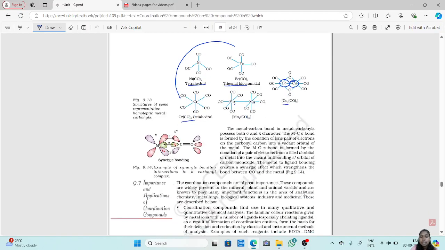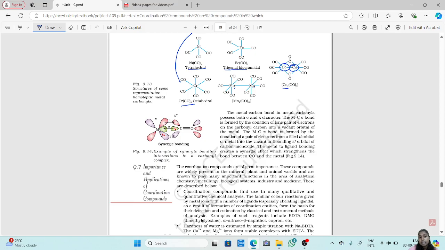Now the metal-carbon bond in metal carbonyls possesses sigma and pi character. The sigma bond is formed by the donation of lone pairs of electrons on the carbonyl carbon into a vacant orbital of the metal. Carbonyl has a carbon, right?